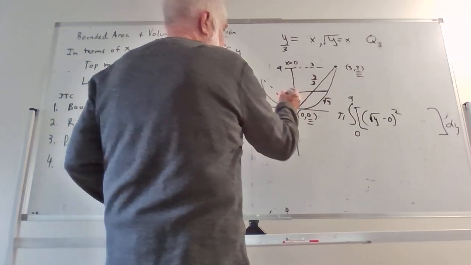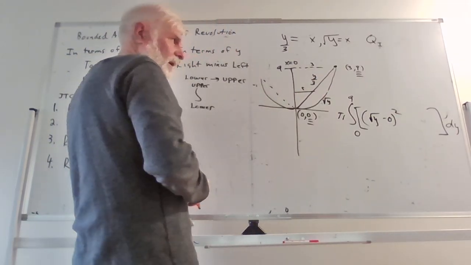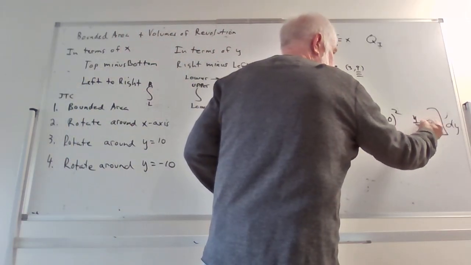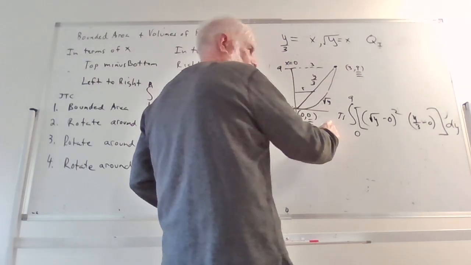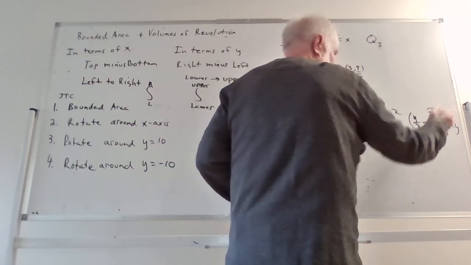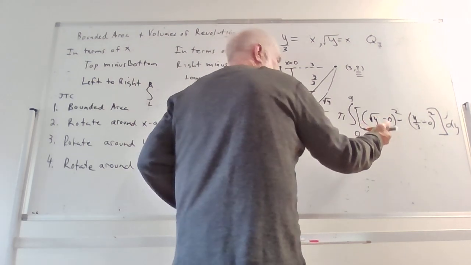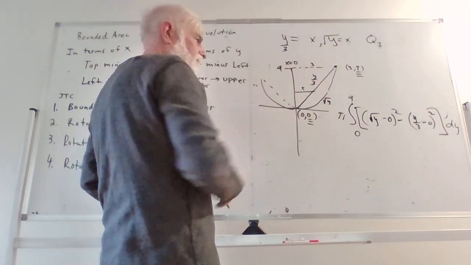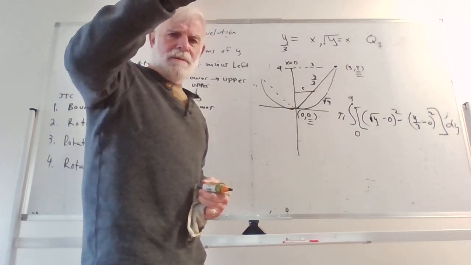I got to take that away. So what is little r? Little r looks to be y over 3 minus 0. What do I have to do to that to get pi r squared? I got the pi, I got the r, I got a square. And I take away the smaller disk volume from the bigger disk volume, and that tells me the volume of the revolution. Go Che. Oh, go Minutemen.